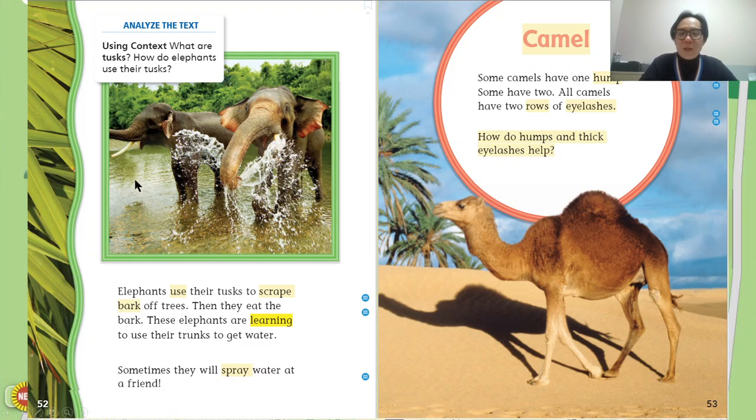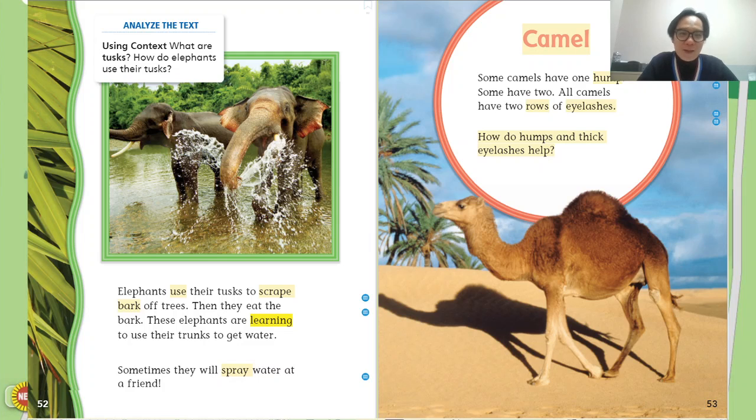So they use their tusks to scrape the bark off of trees. Now bark is like, well, it's like the skin on a tree. So what do the elephants like to eat? They like to eat the bark. Sometimes they will spray water at a friend. Those funny elephants shooting water at each other.